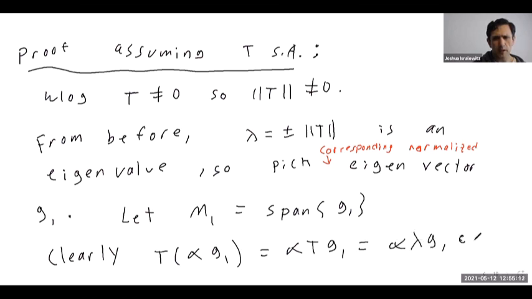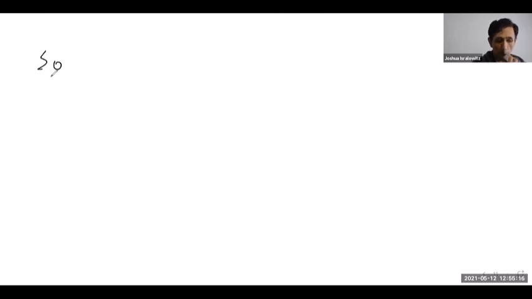That's in M1. So what does that mean? That means M1 is an invariant subspace for T, but T is self-adjoint.